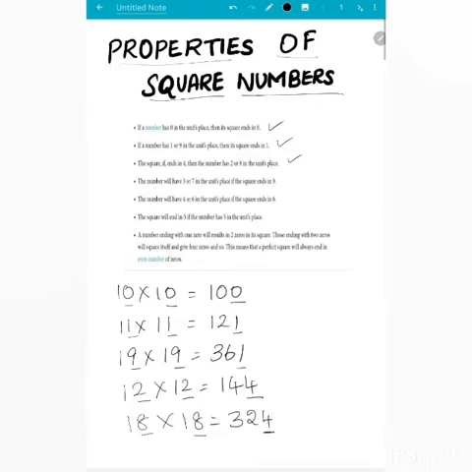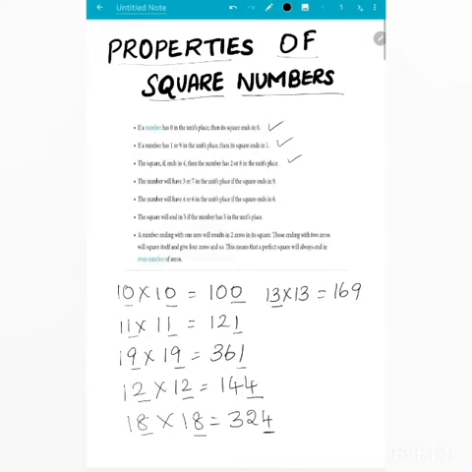Okay, see the fourth one. The number will have 3 or 7 in the units place if the square ends in 9. Let me take 13 into 13. What is 13 squared? 169.